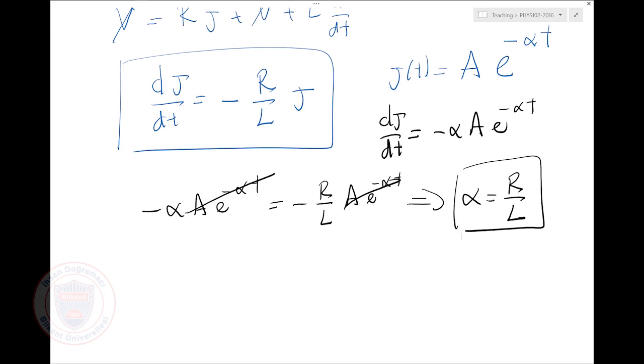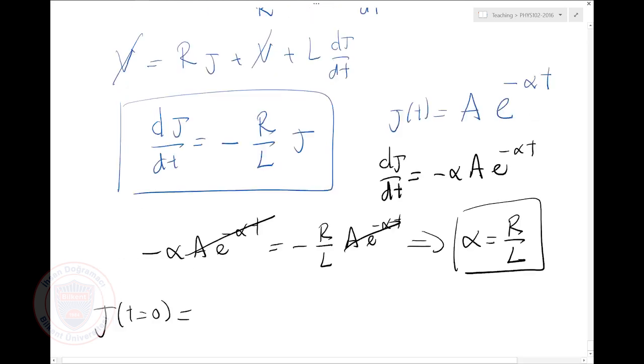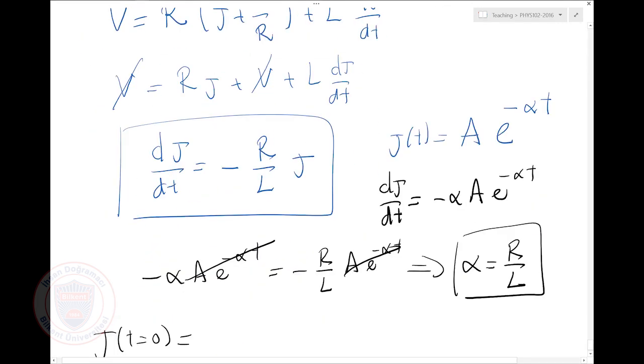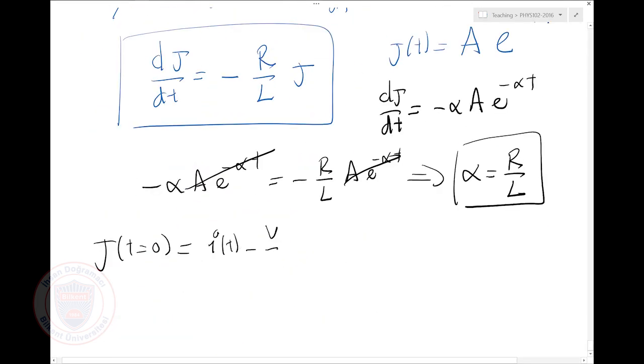How about A? How do I find A? Let's look at j at time t equals 0. My definition of j was I of t minus V over R. So I need the current at time t equals 0. But the current at time t equals 0 is 0.